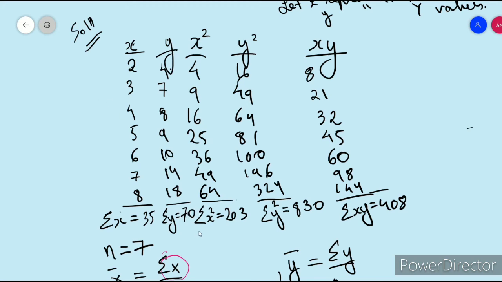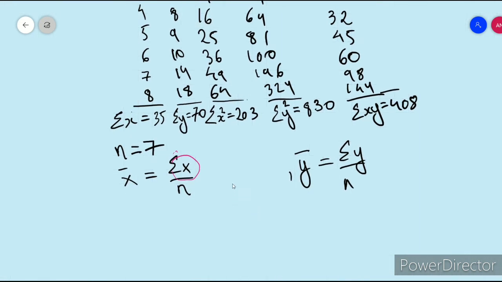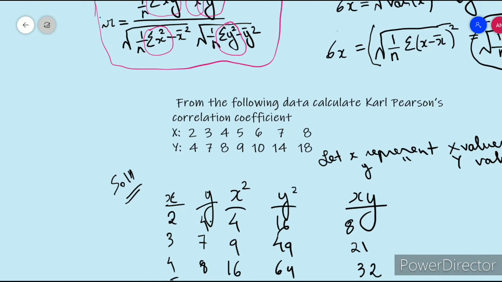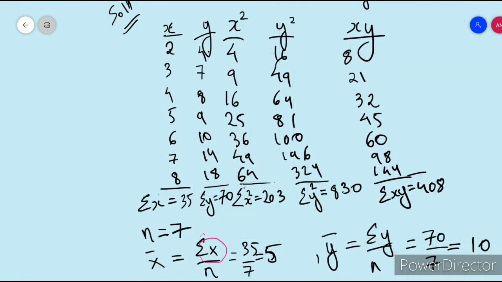So this way we can find the arithmetic mean of the x series, which is 35 divided by 7, and this is equal to 5. And of the y series, the arithmetic mean is 70 by 7, equal to 10. So now we are left with finding the squares of the mean values.